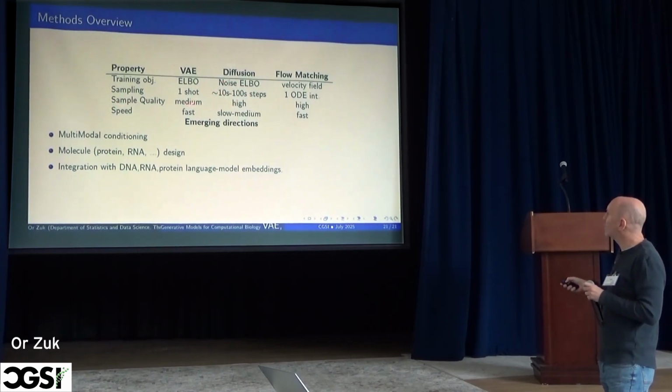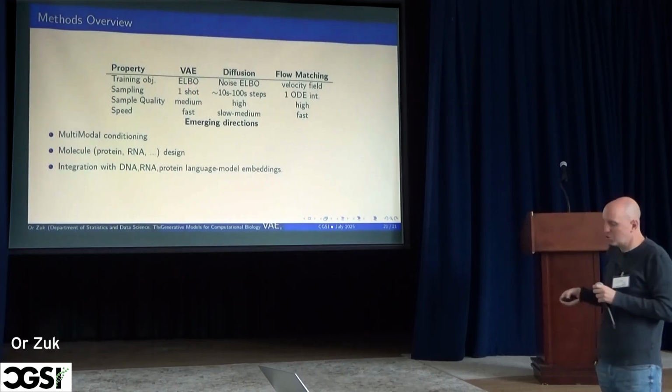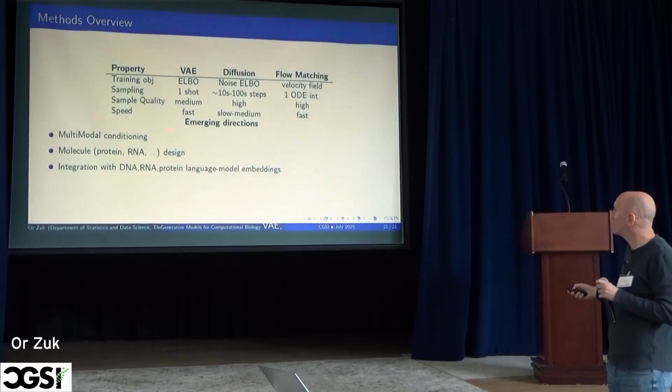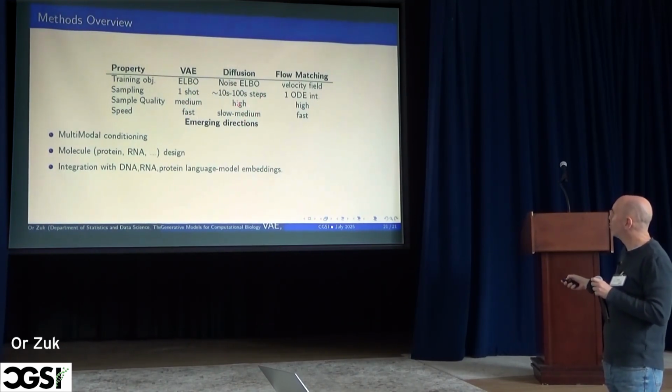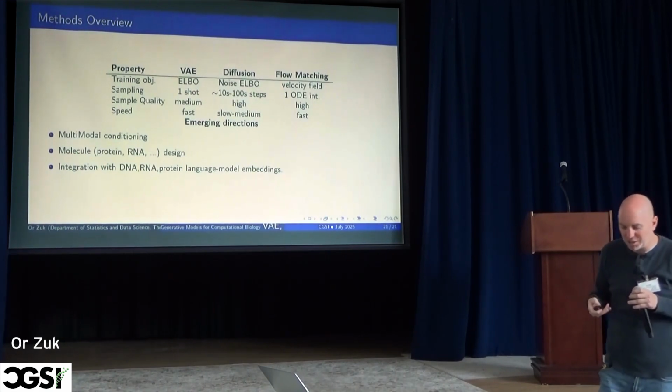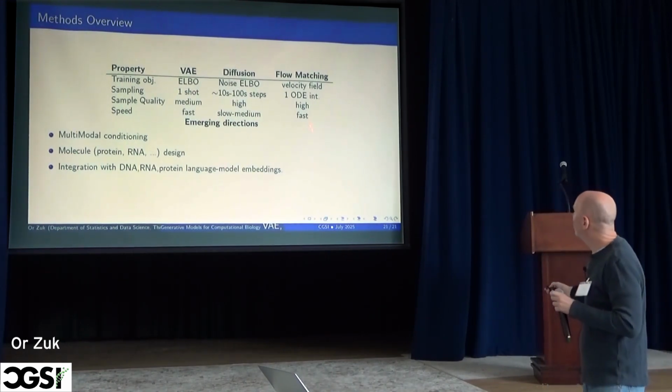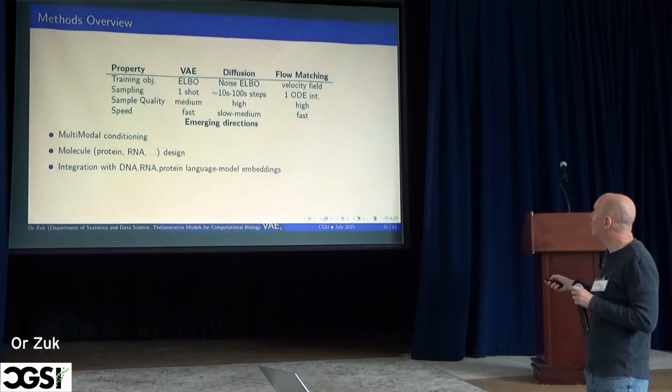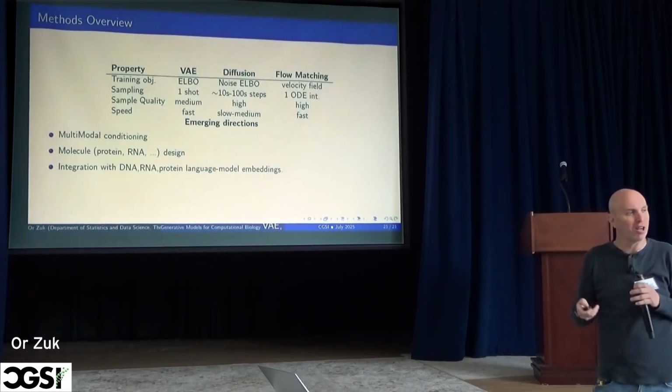And on quality, variational autoencoders do not reach the same high quality of samples as the more modern methods, but they are fast, and diffusion models reach higher quality, but they are much harder to train computationally. And flow matching, at least in some applications where it was tried, reaches almost as high accuracy as diffusion, but with a much lower computational burden.